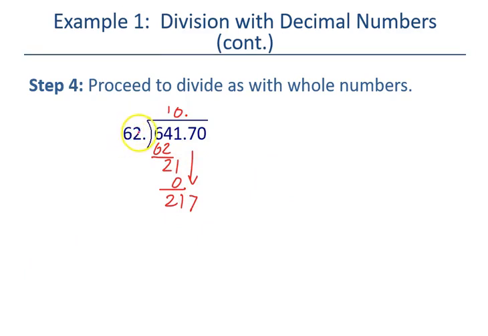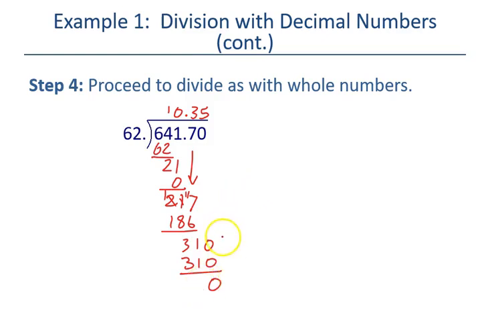I tend to use my calculator sometimes, but I know 62 will go into 217 3 times. 3 times 62 is 186. Then 217 minus 186 is 31, and I can bring down the 0 and I've got 310. 62 will go into 310 5 times. 5 times 62 gives me 310, and so I get a remainder of 0.